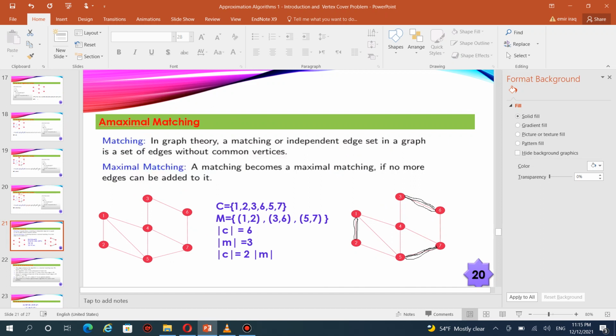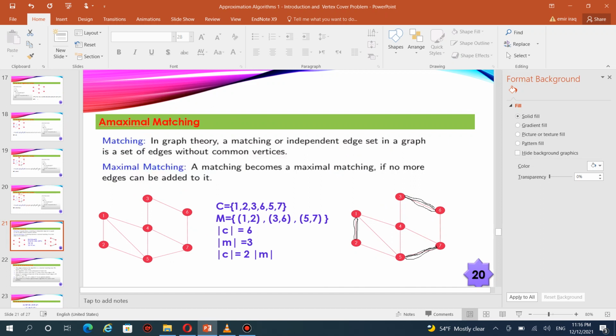But 1, 2 is matching, 3, 6 is matching, 5, 7 is matching. A matching becomes a maximal matching if no more edges can be added to it. The matching is only 1, 2, 5, 7, 3, 6. We can't add any edge to it without a common vertex, so this is a maximal matching.